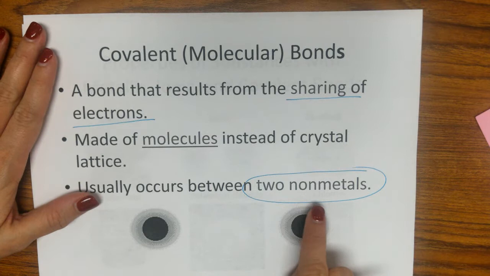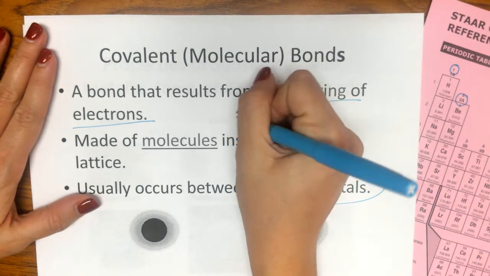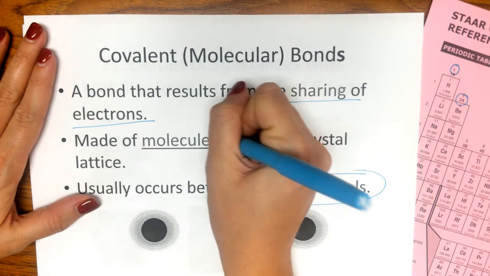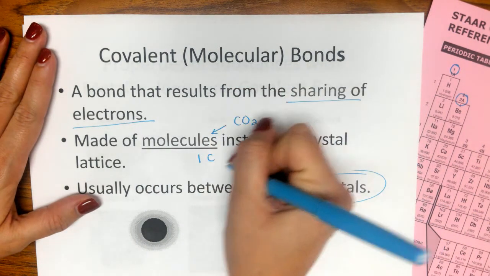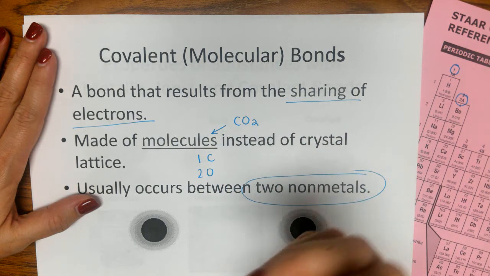And they share electrons. So what that means, like carbon dioxide is CO2. In that molecule, which is 1 carbon, 2 oxygens, they are sharing all of their valence electrons together.